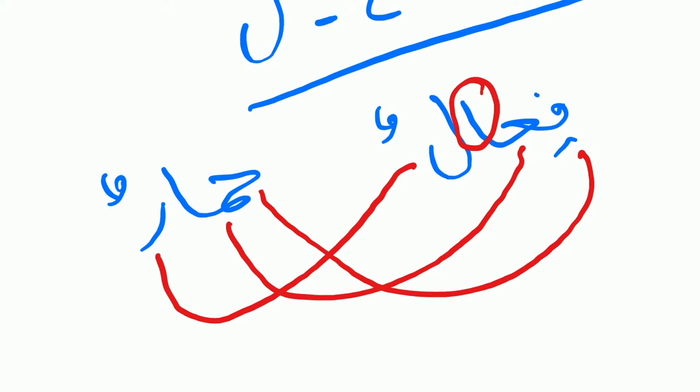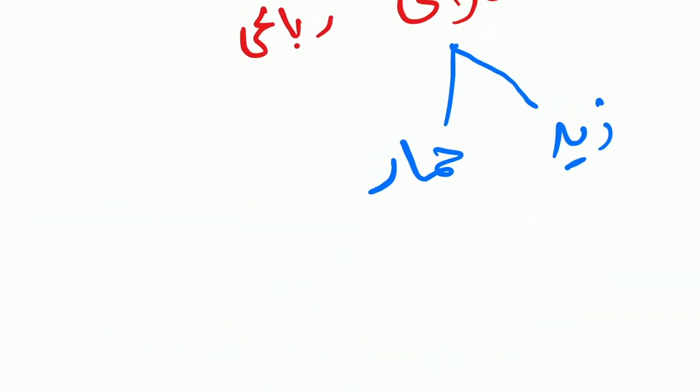This is harf za'ida, extra, because in the scale it failed the test. So we say this is thulathi, but an extra letter for a certain reason has gone inside it. It is thulathi because we just found it from the scale, fi'alun. Now we come to the conclusion that Zaidun is thulathi mujarrad and himarun is thulathi mazidun fih.